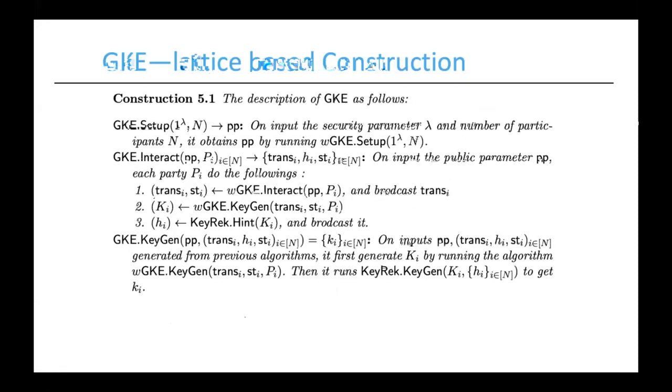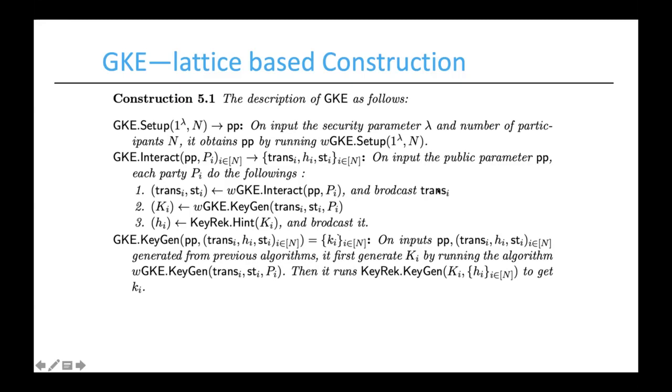Finally, we combine our key reconciliation and the weak version of GKE. We finally construct our group key exchange scheme like this. On the setup algorithm, the inputs are a security parameter lambda and participants n. This algorithm outputs public parameters, computed by running the setup algorithm of the weak GKE. On the interact part, every party Pi will run the interaction algorithm of weak GKE, the kgen algorithm of weak GKE, and the hint algorithm from the key reconciliation mechanism, and broadcast the transition Ti and hint Hi through the public channel.